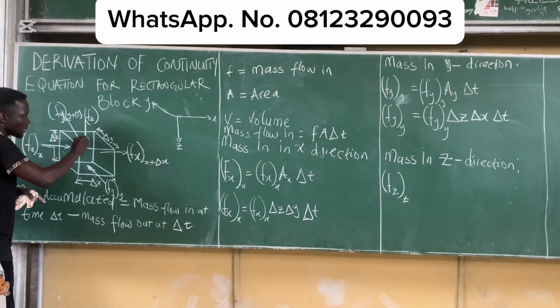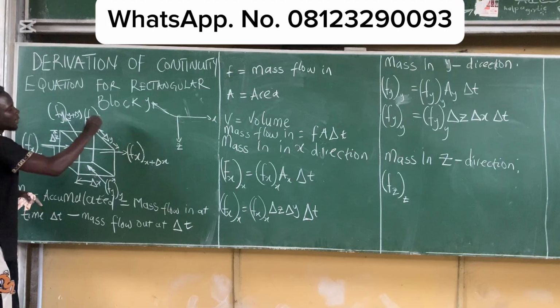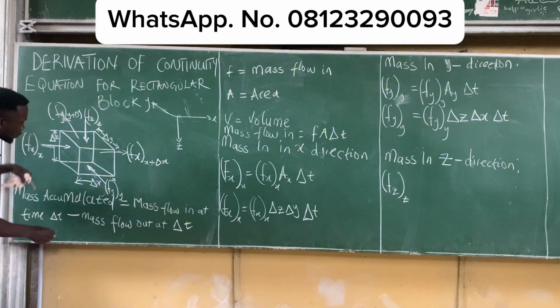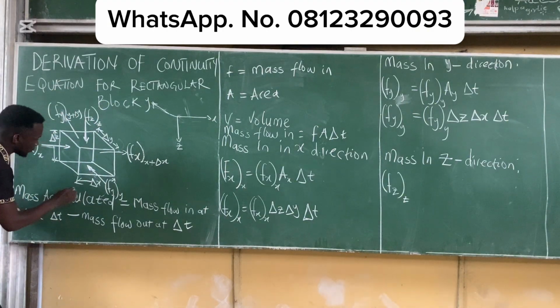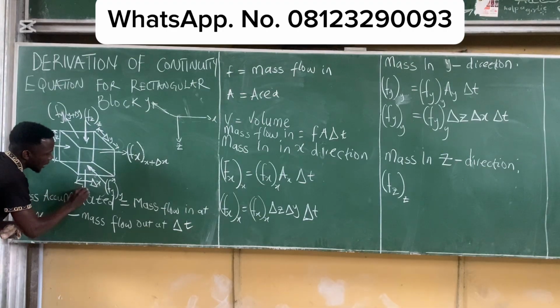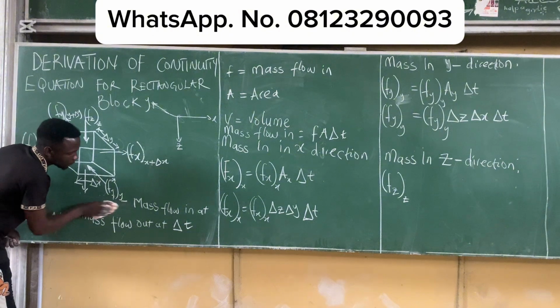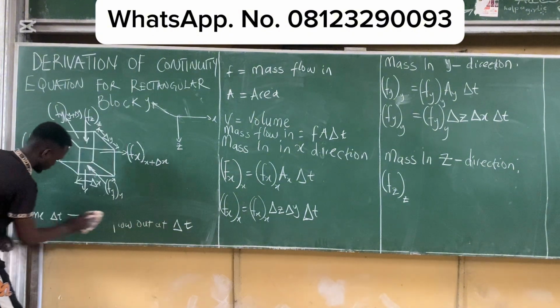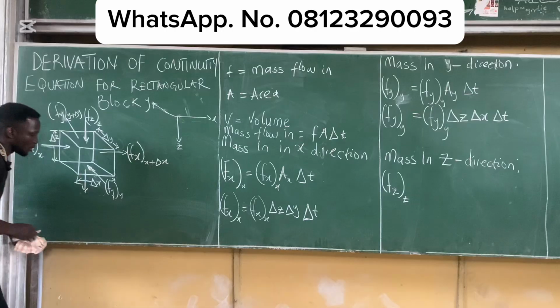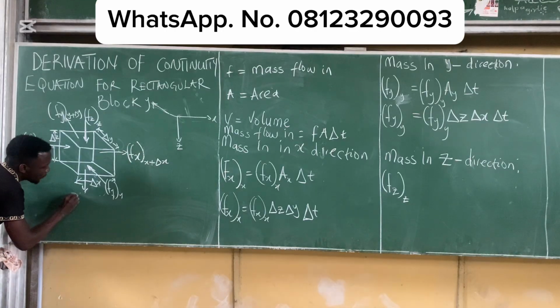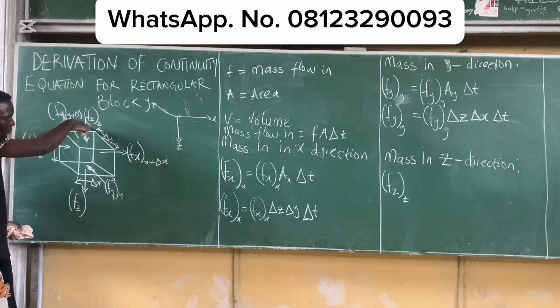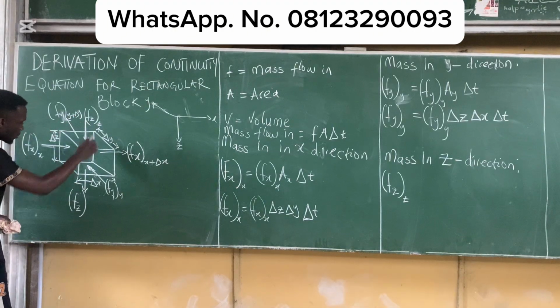So this for the z is coming downward. Since it's coming downward, it will come out from this point here. It's coming from here to here.